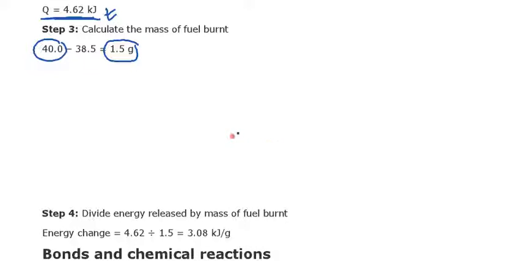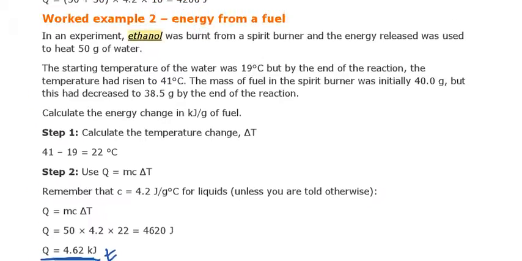So what we do is divide this 4.62 by 1.5. Then afterwards you will get the energy per gram of any kind of substance, how much energy you will need. That's how you can consider both experiments.